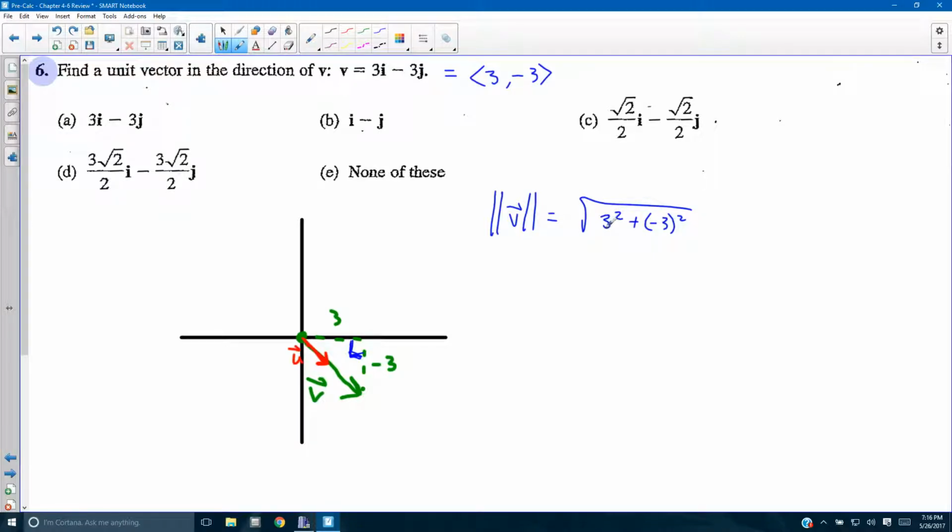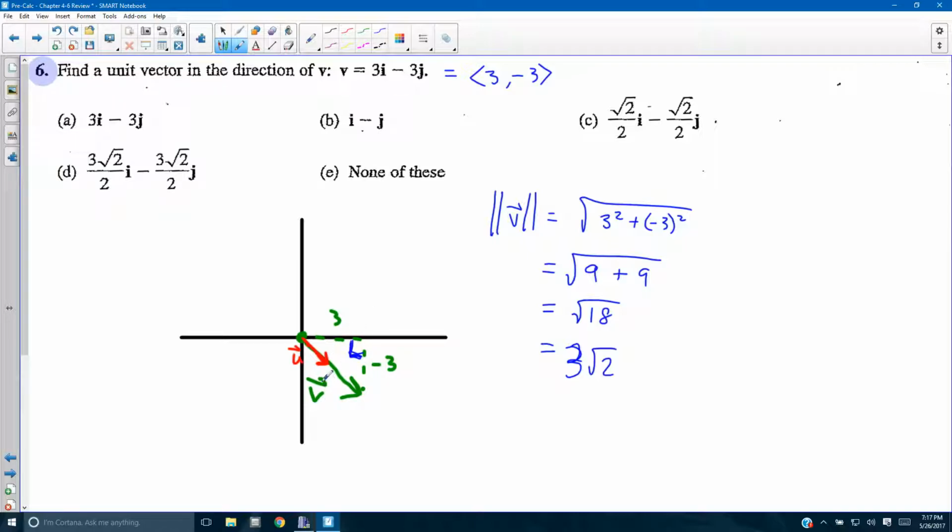The i and j, the x and y components of the vector there. Square root of 9 plus 9 is square root of 18, which is 3 root 2. Now, you might know that 3, 3, 3 root 2 is like a 45-45-90 triangle, which is exactly what it is.